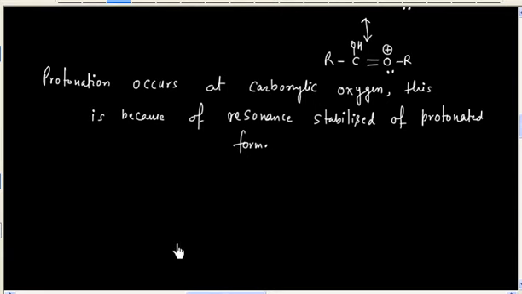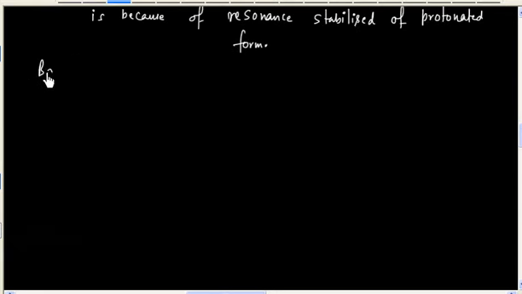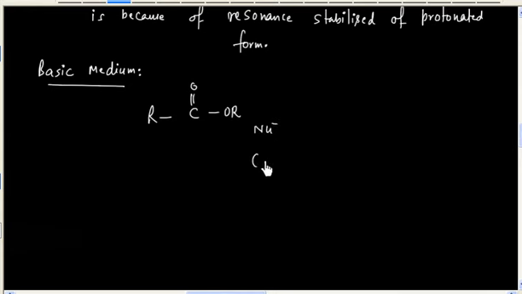Ester can also react in basic medium. In basic medium, nucleophile is strong. So even though this carbon is not so electrophilic, this nucleophile will attack on this carbon and this bond opens.